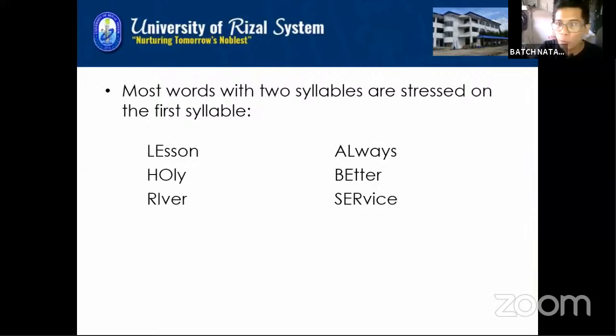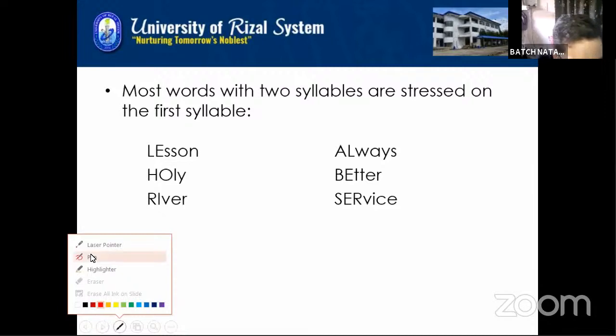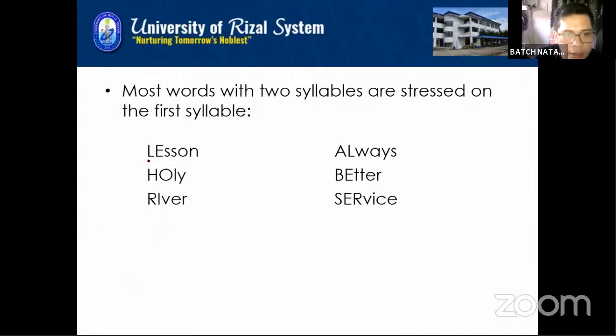Just like when we pronounce the word lesson, we just say lesson, but when we are pronouncing it correctly, it has to be lesson. You will notice that the sound of le stands out, and so the stress is here: lesson.